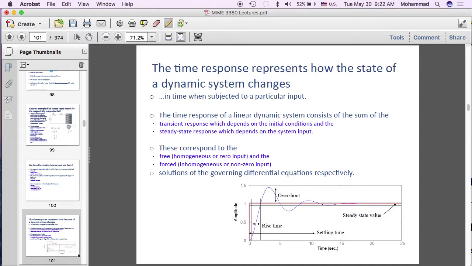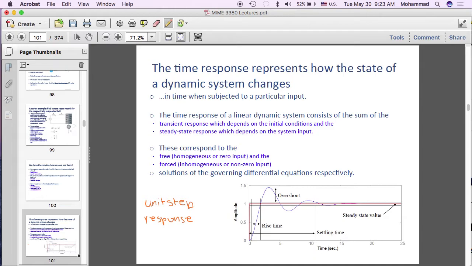This is called a step input. Because the value of the step is 1, this is called a unit step input. So what you see here is the unit step response, because the input to the system is a unit step function.